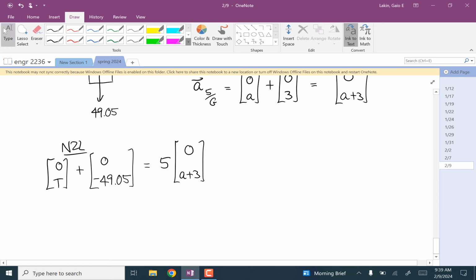And the equation that we can use from this says T minus 5A is equal to 49.05 plus 15, so 64.05.